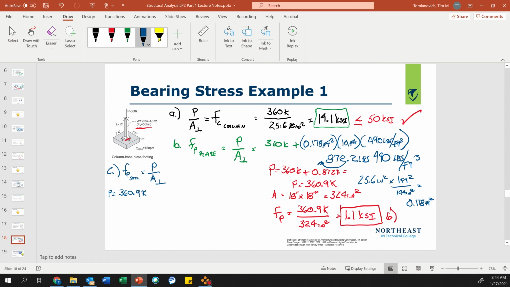Now we got to get the weight of the concrete plus 150 pounds per cubic foot, 16 inches wide. It's 1.33 feet. Okay, times 7.5 squared, which is 56.25 square feet.